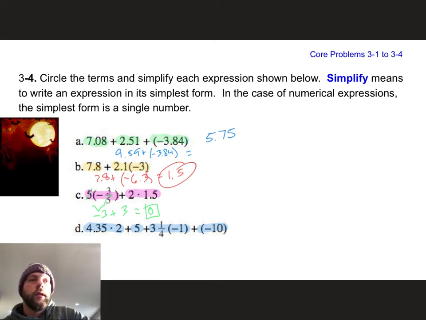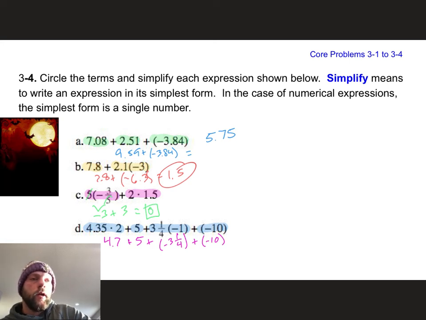In solving it, I'm going to take 4.35 times 2, which is 8.7, and then I'm adding my 5 plus a negative 3 1/4, because 1 times anything is going to be itself, then plus a negative 10.